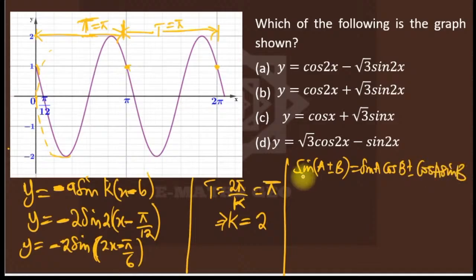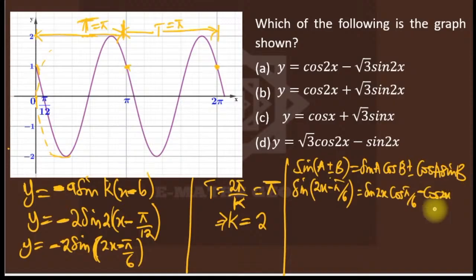So we'll check sine of 2x minus π over 6. So A is 2x and B is π over 6. Plus for plus, minus for minus: sine 2x cos π over 6 minus cos 2x sine π over 6.